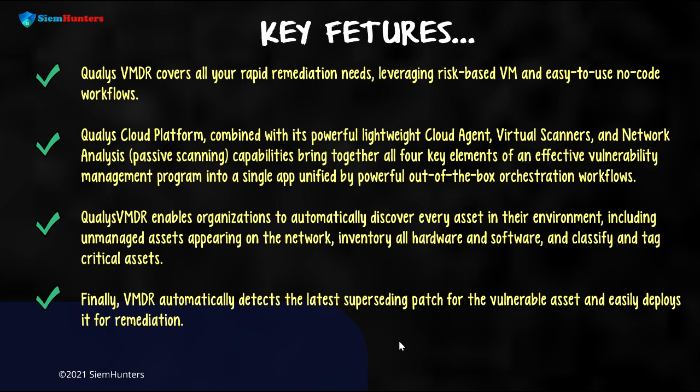Finally, VMDR automatically detects the latest superseding patch for the vulnerable asset and easily deploys it for remediation. By delivering all this in a single app workflow, VMDR automates the entire process and significantly accelerates an organization's ability to respond to threats, thus preventing possible exploitation.